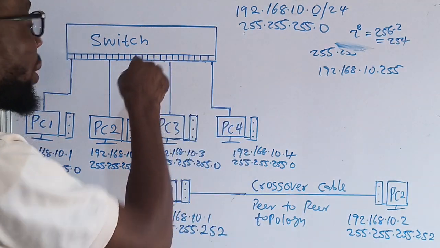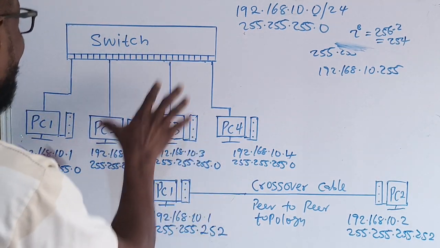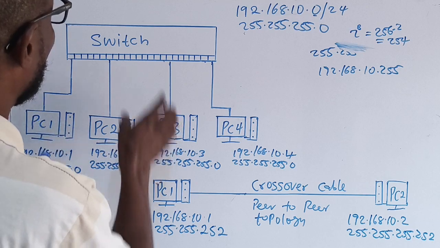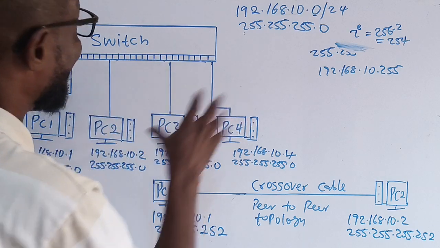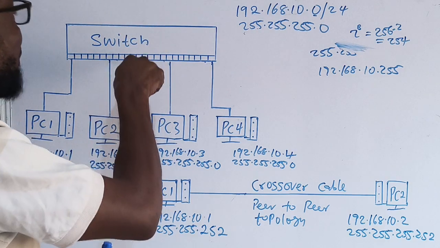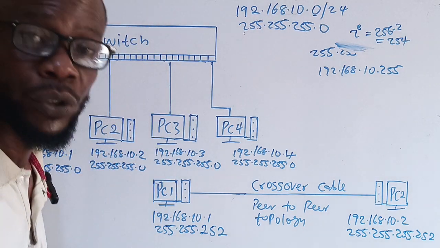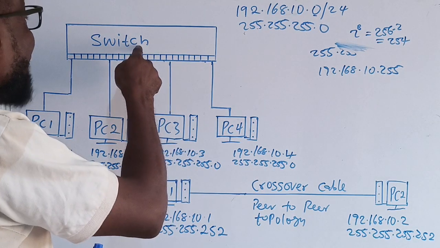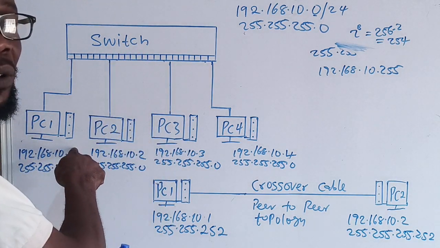Or if you want to ping from the switch, as you connect these computers to this switch and assign IP addresses, if you want to ping from the switch to these computers, you need to assign the switch an IP address too, so that it will use that IP address to communicate with these ones.